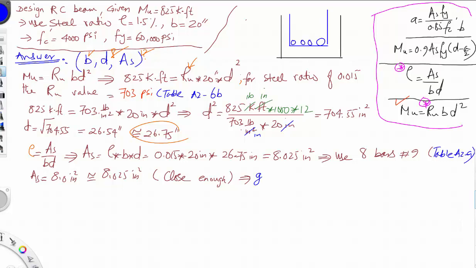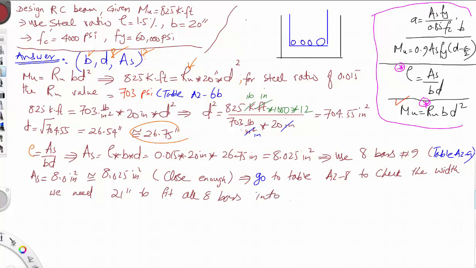So go to table 828 to check the width. And the width here is, we need 21 inches to fit all 8 bars into one row.